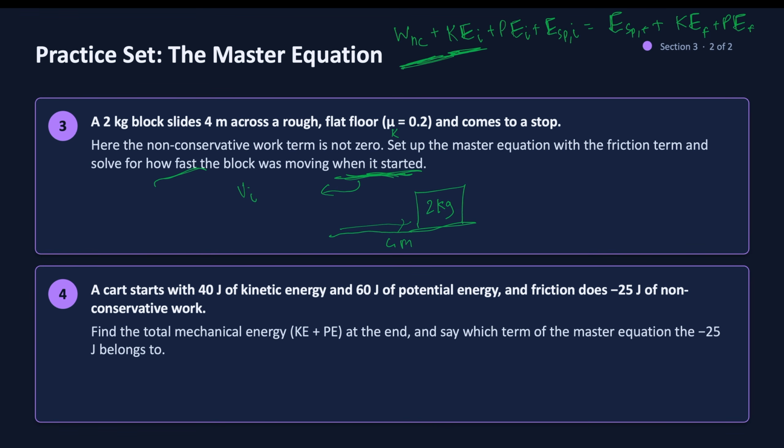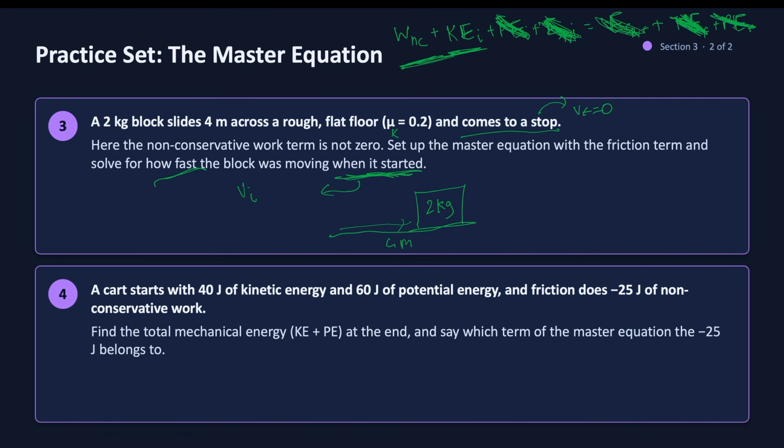Potential energy initial, do we have any height here? No. Energy spring initial, we don't have that either. Energy spring final, no springs. Kinetic energy final, it comes to a stop, so velocity final is 0, so kinetic energy final is also something we don't have. And potential energy final we also don't have, because we don't have a height.